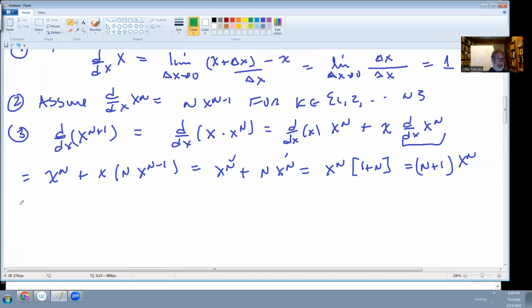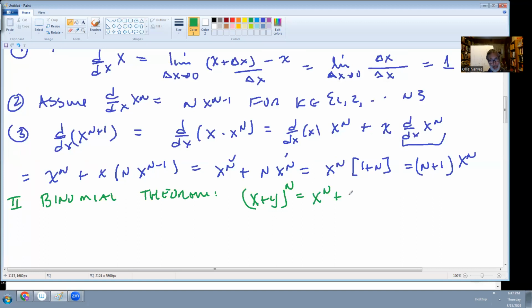And so the math induction method goes pretty quickly. However, the second method, and I like it better for the following reason, we use the method of the binomial theorem. What the binomial theorem says is that if you take x plus y and raise it to the positive integer power, you get this.